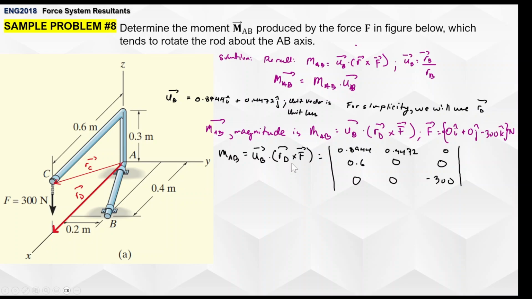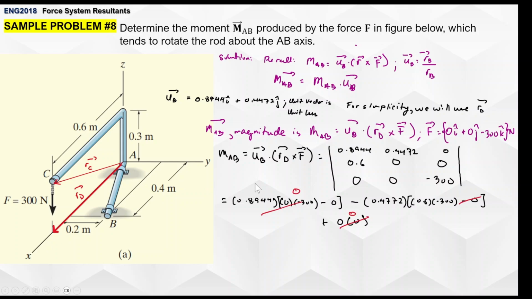And UV here is placed at the first row, 0.8944, and then 0.4472, and 0. Then we expand them and add them up, and we will arrive at this particular scalar magnitude, which is 85.896 newton meter, or 85.9 newton meter positive, so that's going to be counterclockwise.